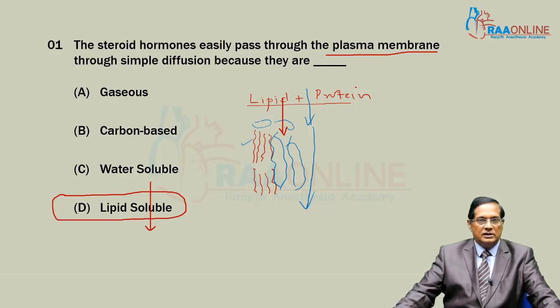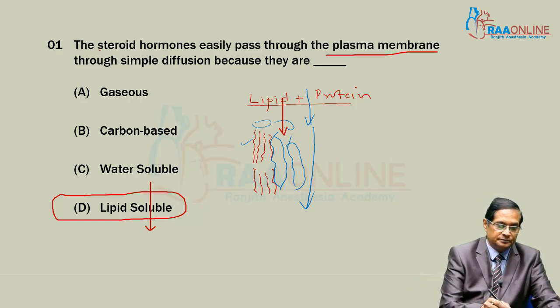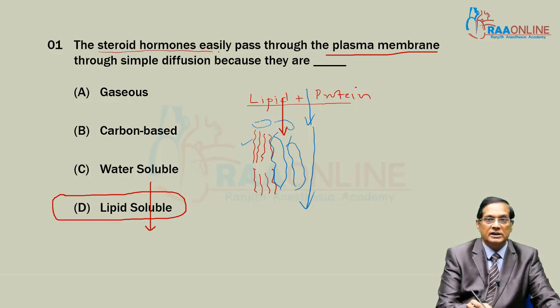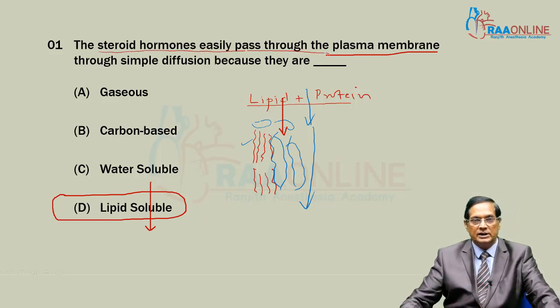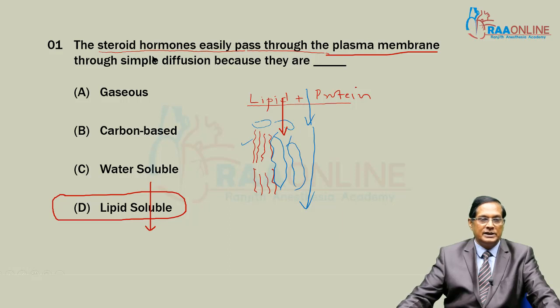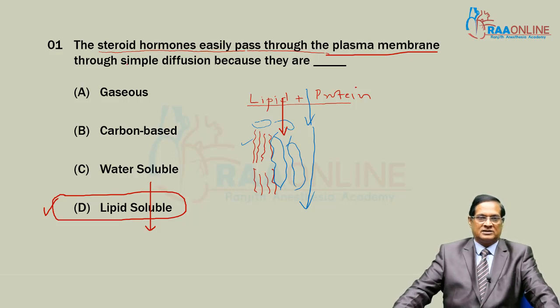So here, steroidal hormones can easily pass through the plasma membrane because the plasma membrane is made up of bilayered lipid and lipid soluble material can easily pass through by simple diffusion.